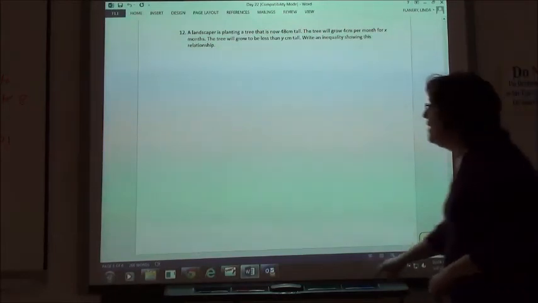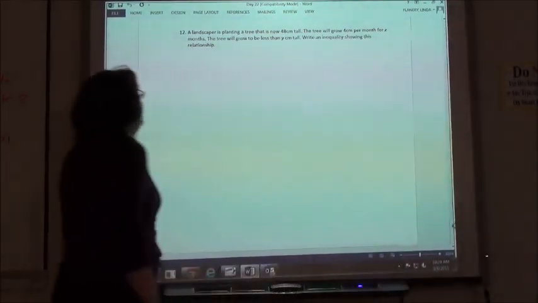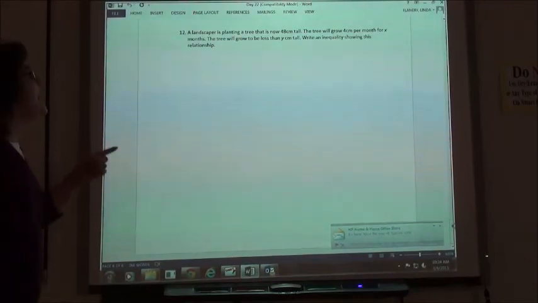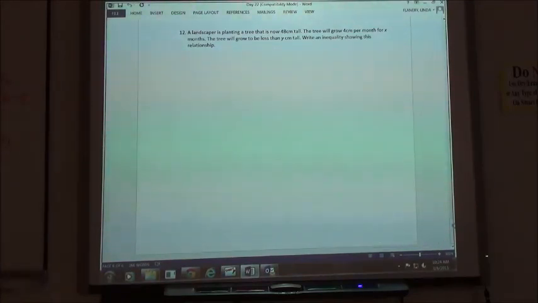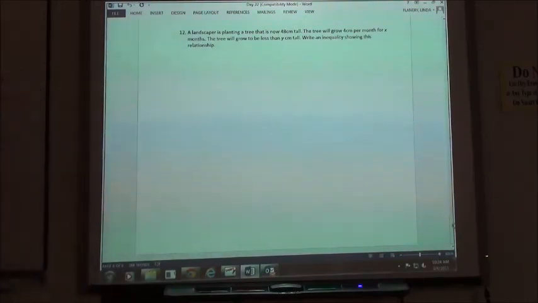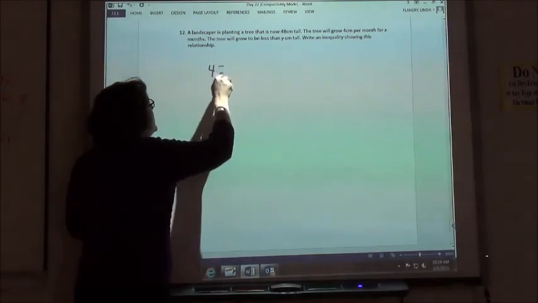And the last one. A landscaper is planting a tree that is now 48 centimeters tall. The tree will grow 4 centimeters per month for X months. The tree will grow to be less than Y centimeters tall. Write an inequality showing this relationship. So, my tree started out at 48 centimeters.